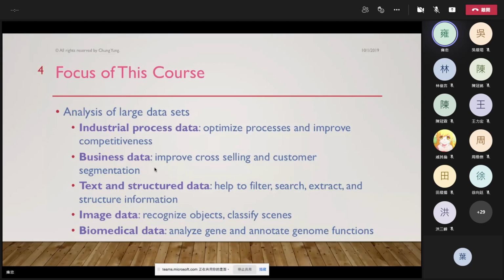As you know, there are more and more different types or categories of data that can be used for analysis. If we analyze text and structured data, the analysis result can help to filter, search, extract, and structure information.